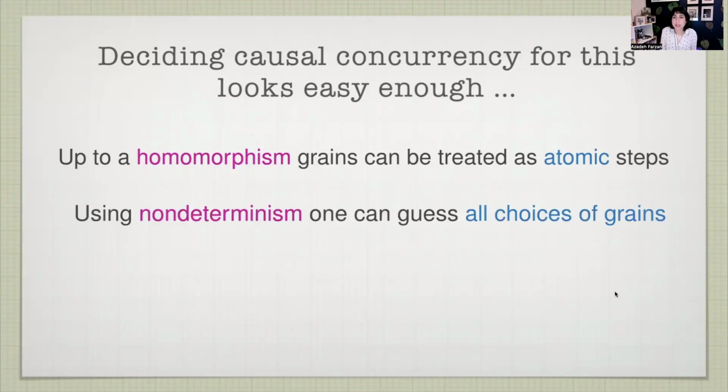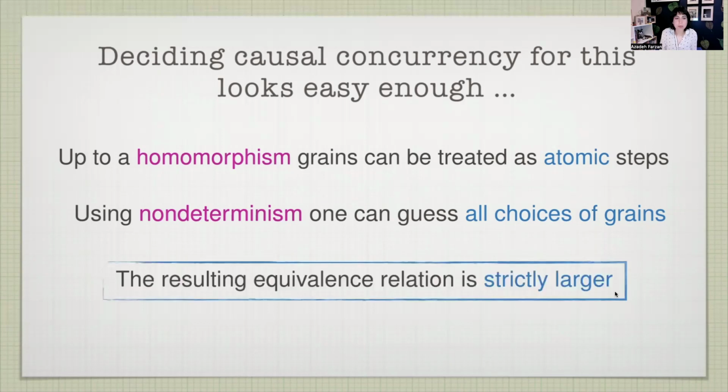We can just basically guess grains, and every time that we guess grains, we find ourselves, up to this homomorphism, in the realm of deciding, exactly as I showed you before, whether up to that particular choice, two things are ordered or concurrent. And we just decide to call two things concurrent if at least one choice says they're concurrent, and ordered only if all choices basically declare it ordered.